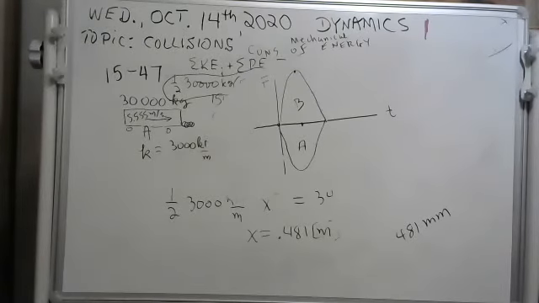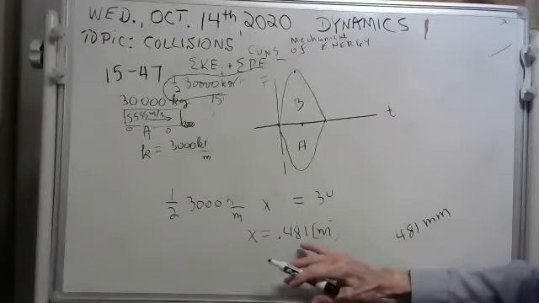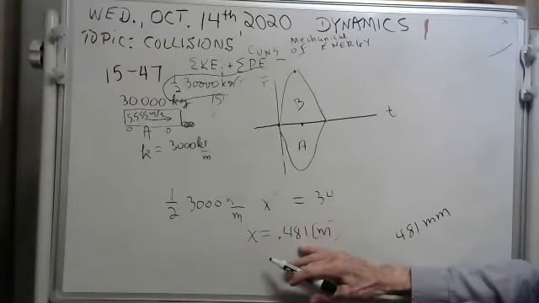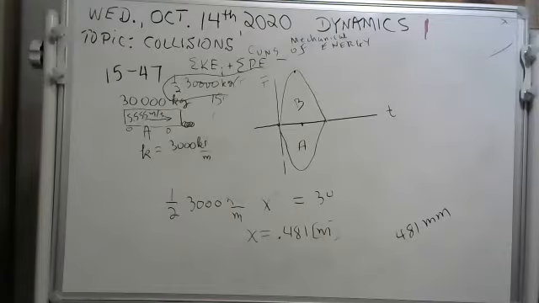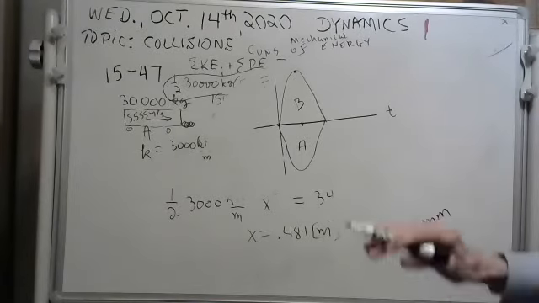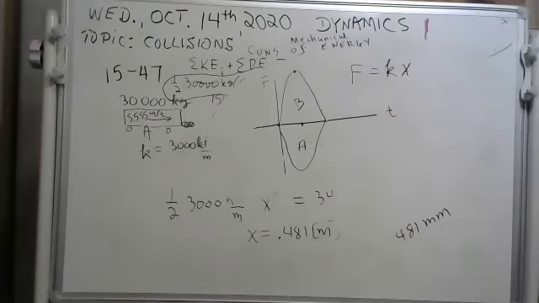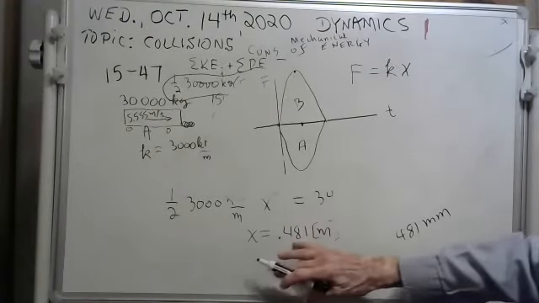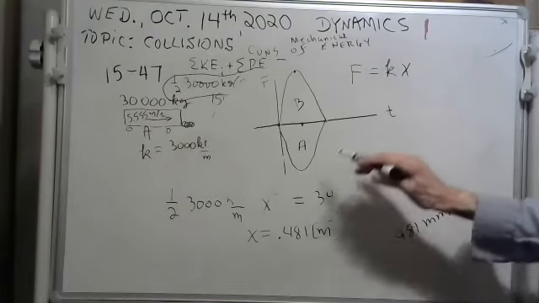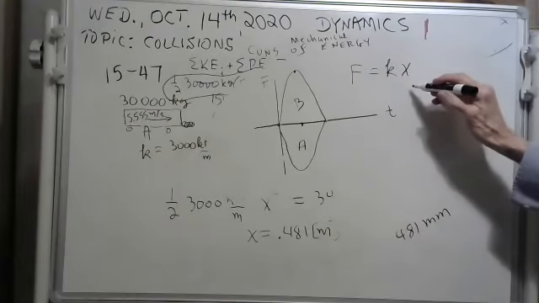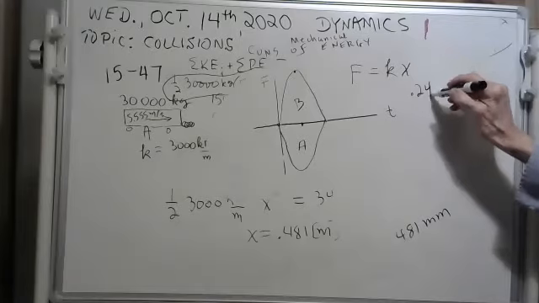And if you wanted to find how big that force is, you know it's going to occur at the halfway point, right? Let me think, is that right? Yeah, because it's F equals kx, the force is linear with the deformation. So if you plugged in the 0.481, what's half of that? Half of 0.481 is 0.2405.